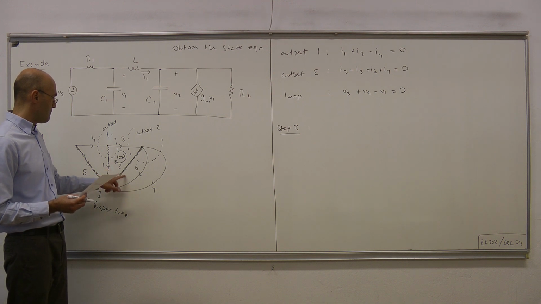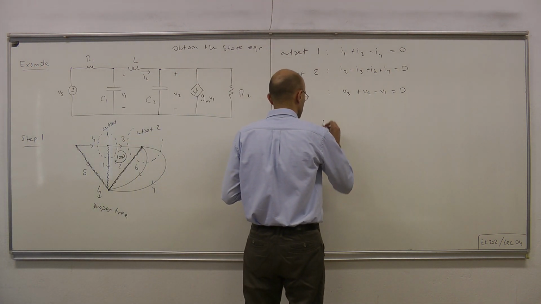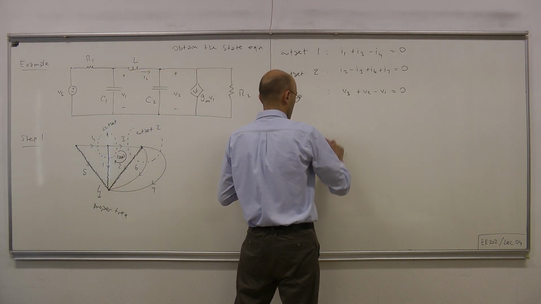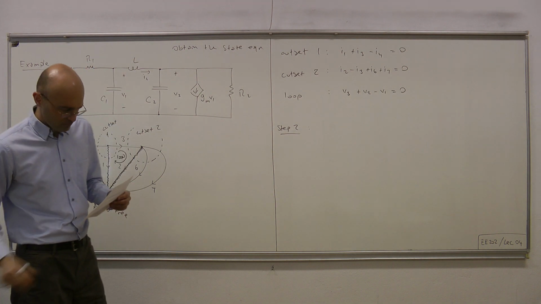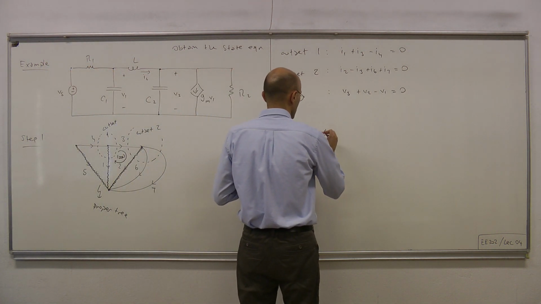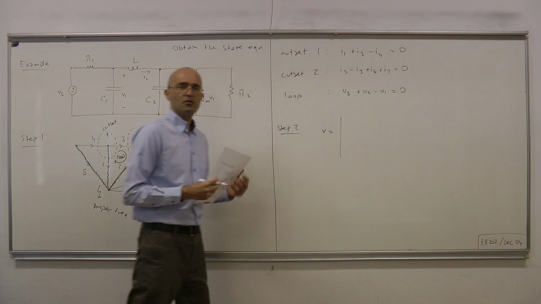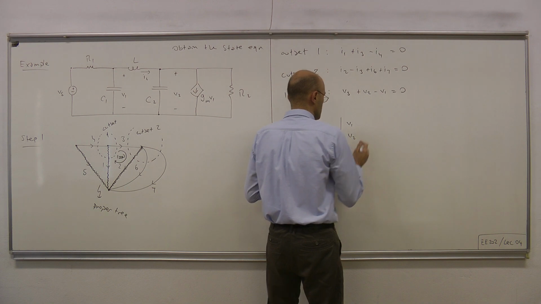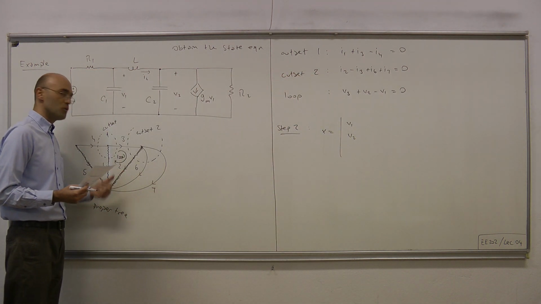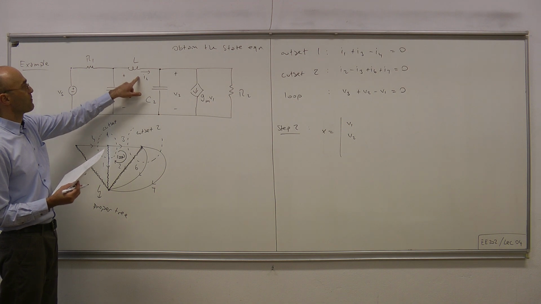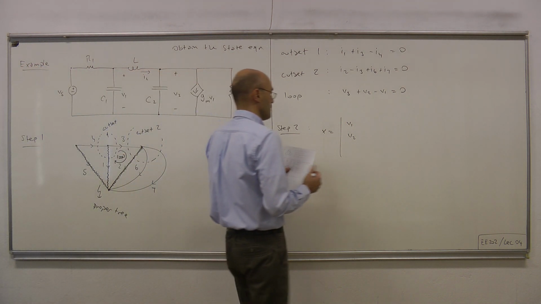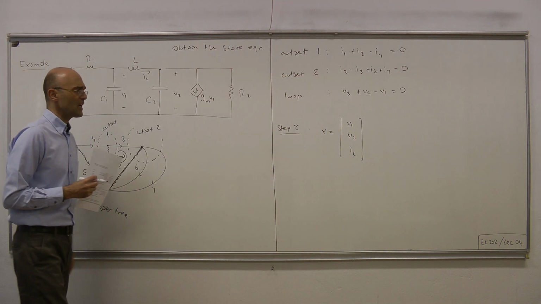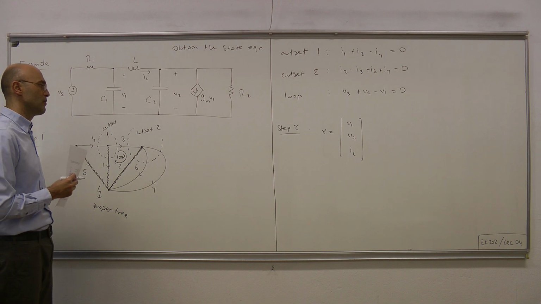In this case, we have V1 and V2 as capacitor voltages that belong to the tree. X is usually what we use to denote our state vector. So we have capacitor voltage 1, capacitor voltage 2, because both capacitors belong to the proper tree, and we also have the inductor current that belongs to the cotree, which is I0. Therefore, we're talking about a state vector of dimension 3.